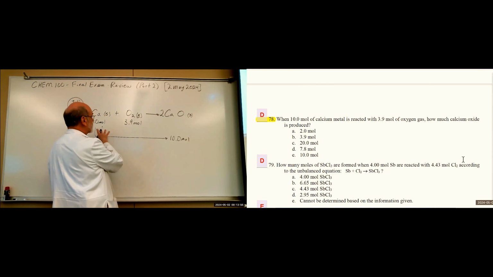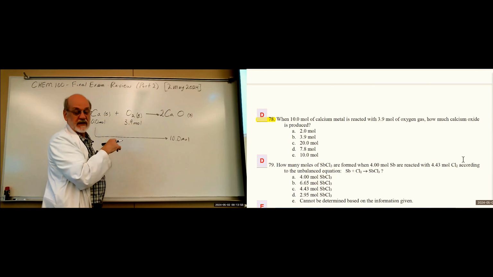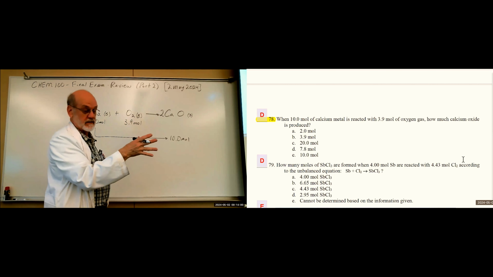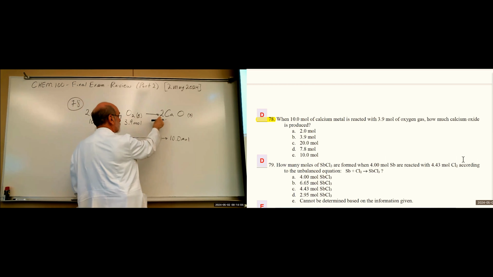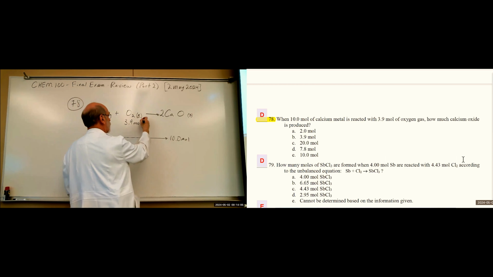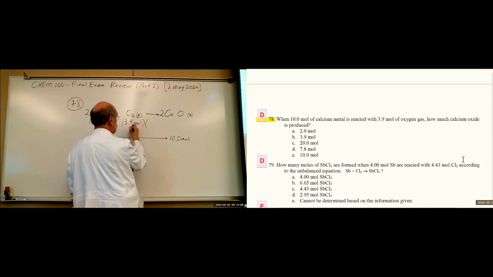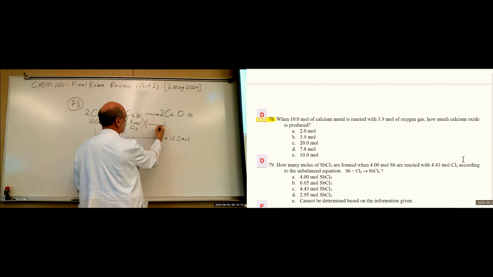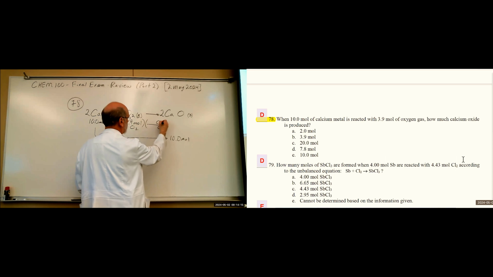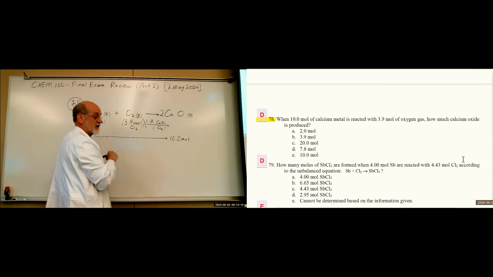And then if we say oxygen is limiting and all of it is converted, the ratio is 1 of these to 2 of those. So one way to do that is just to say, if this is O2, then what's the ratio? O2 on the bottom, calcium oxide on the top. We have 2 here and 1 there. That means 2 times that.